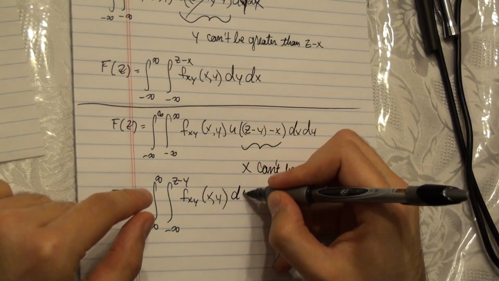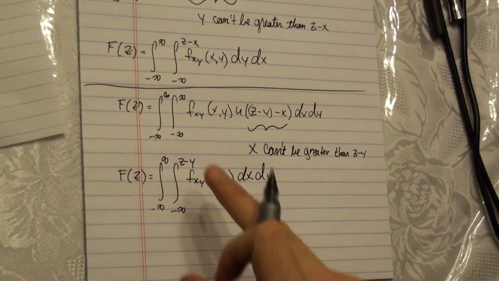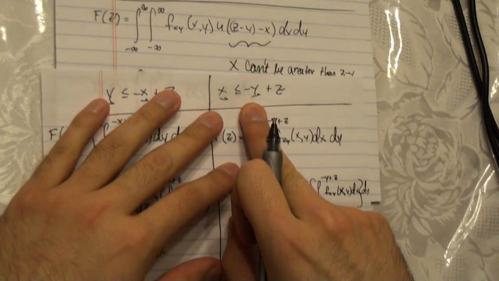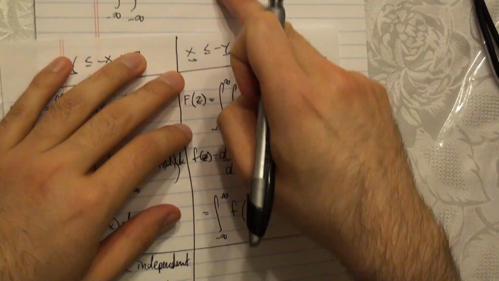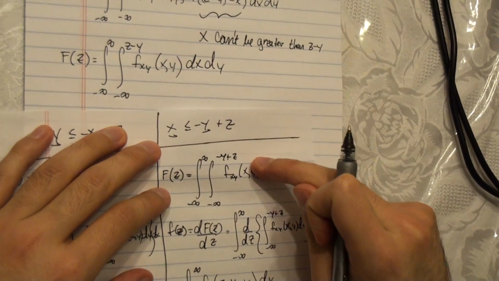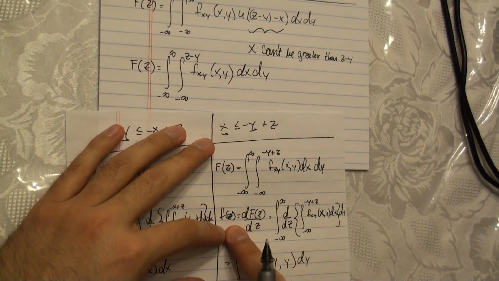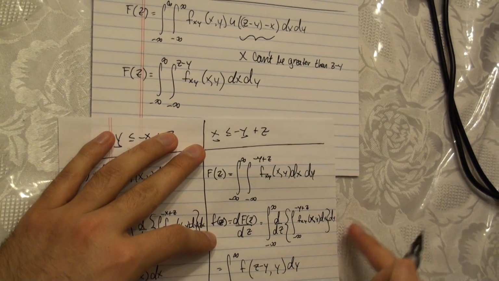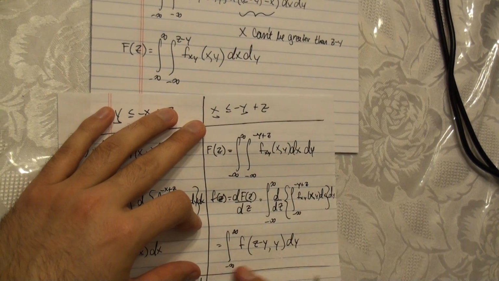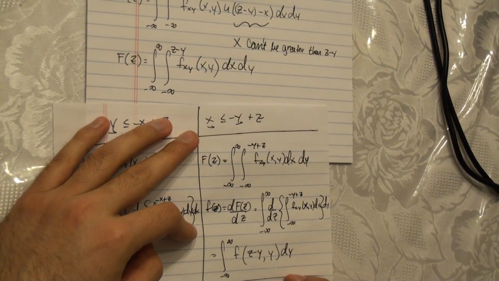And we're just left with this. If we go back to when we solve for x in this case, it is the exact same integral, which we solve in the same way. To find little f of z, you take the derivative, and you do this whole business, and you end up with this.